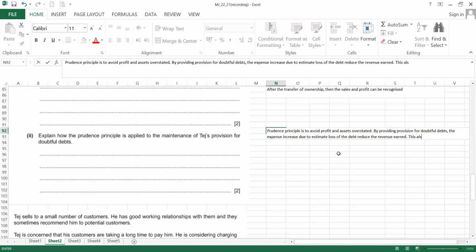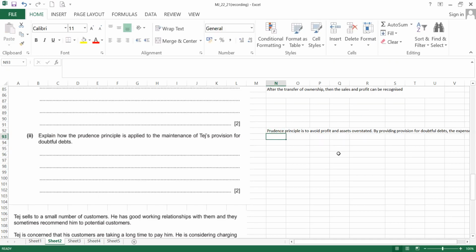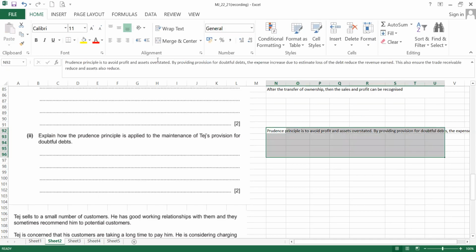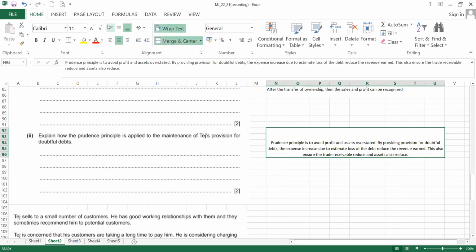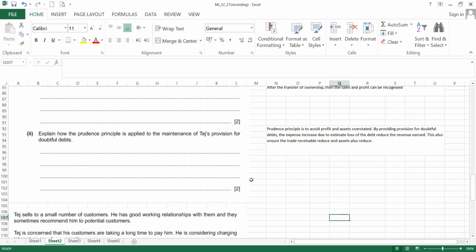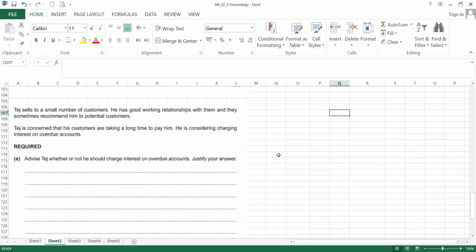This also ensures the trade receivable is reduced and the asset is also reduced. Okay. So this is the prudence.